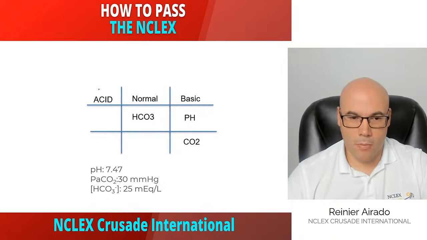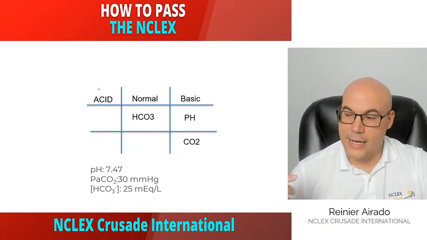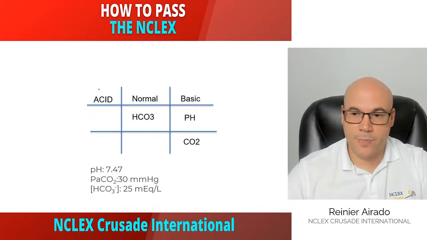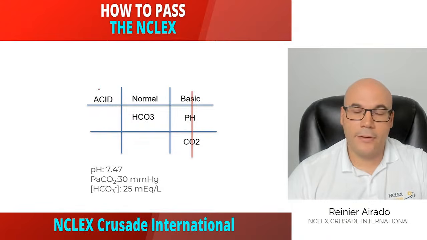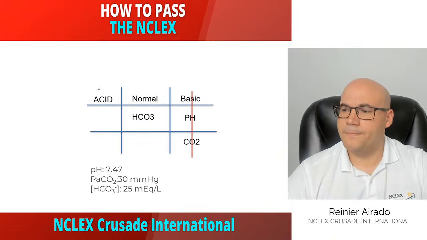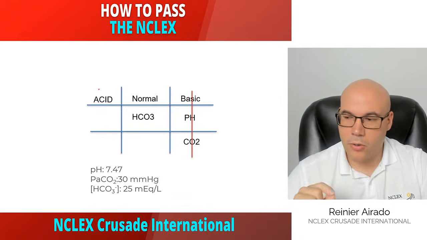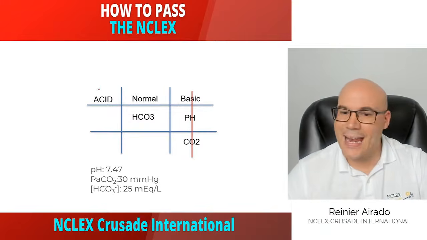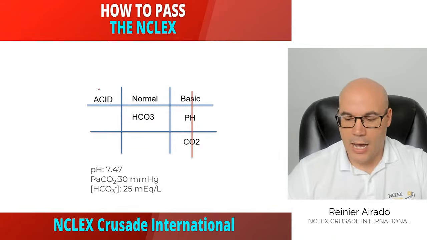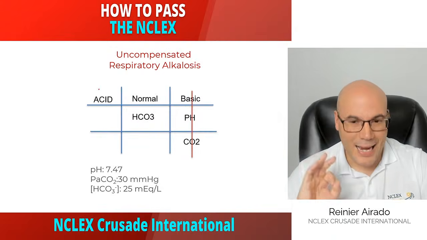Again, normal. So we have an alkalosis problem, and the one that is causing the alkalosis is CO2, which represents a respiratory problem. Therefore, we have respiratory alkalosis. Now, what is the bicarbonate doing? Is it compensating? Nope. It's in the middle, normal. The bicarbonate is not doing anything to compensate. How do we call this? Uncompensated respiratory alkalosis.